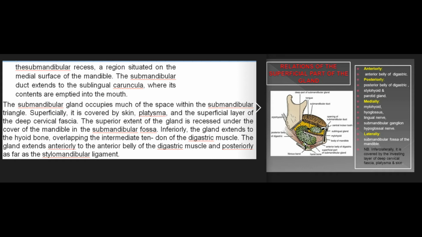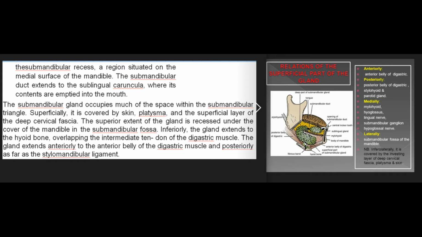Superficially, it is covered by skin, platysma, and the superficial layer of the deep cervical fascia. The superior extent of the gland is recessed under the cover of the mandible in the submandibular fossa. Inferiorly, the gland extends to the hyoid bone, overlapping the intermediate tendon of the digastric muscle.